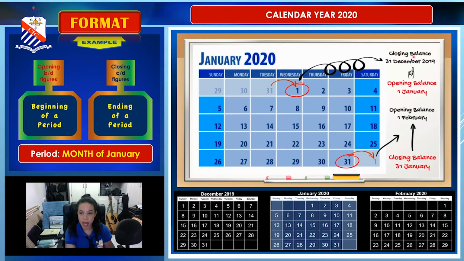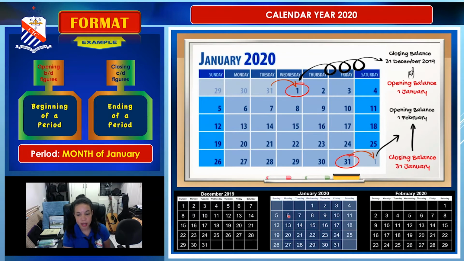So your closing balances, this is what we are emphasizing, your closing balances become your opening balances for the following period. So your closing balance on the 31st of December 2019 became your opening balance for the 1st of January 2020. And your closing balance for January 2020 will become your opening balance for the 1st of February 2020.